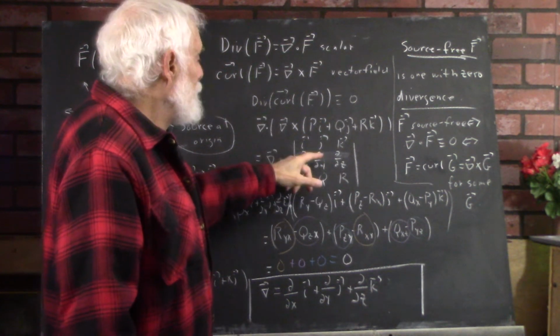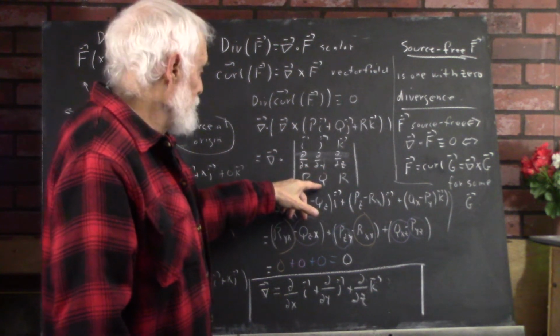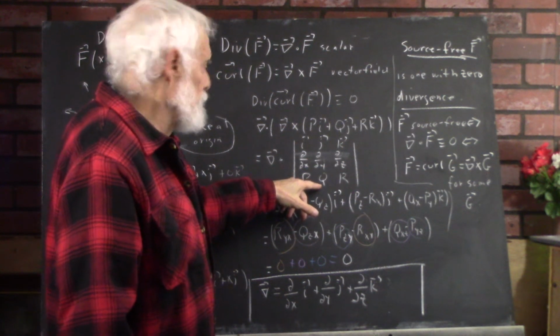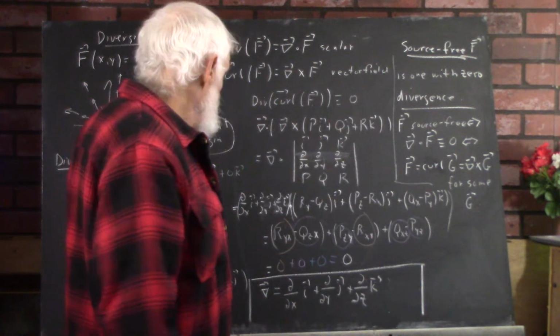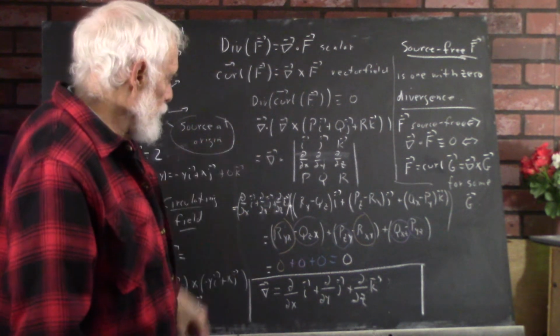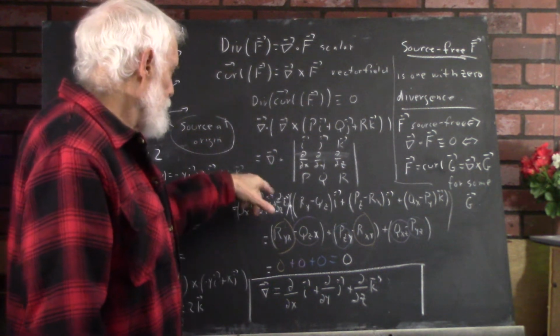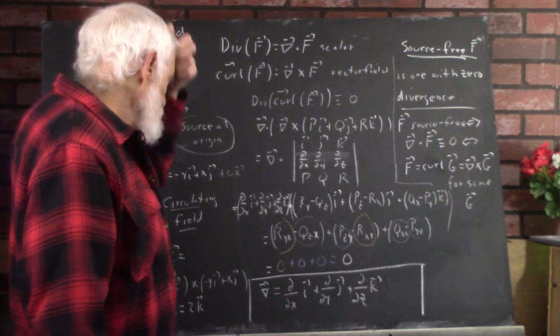I mean, it's this, partial of r with respect to y minus partial of q with respect to z, etc., etc. There it is. And we dot that with the del operator. And I had to write that del operator small. Originally I just had the del there, but I decided I wanted it to do this next step.